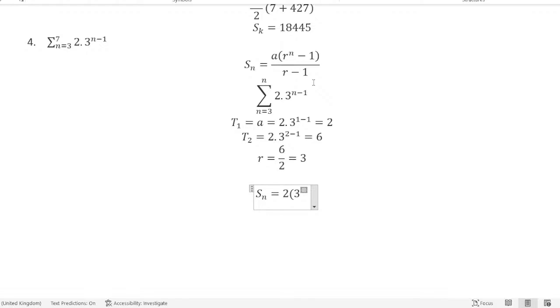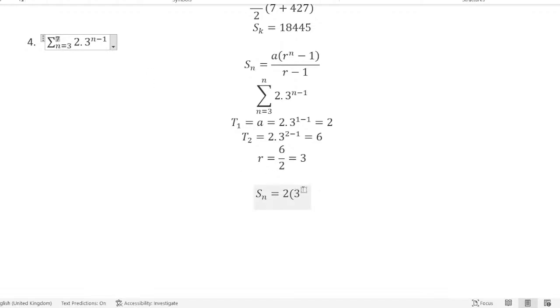The value of n will be 7. The last one will be 7, not 3. The n equals 3 represents that the terms start from number 3 and end at number 7.